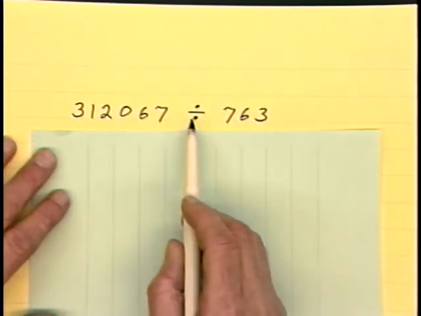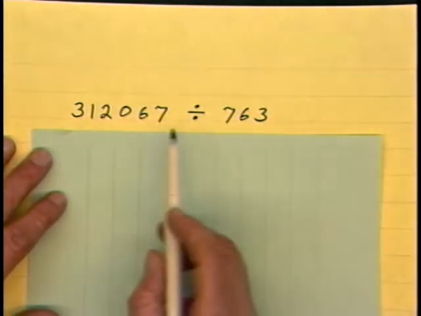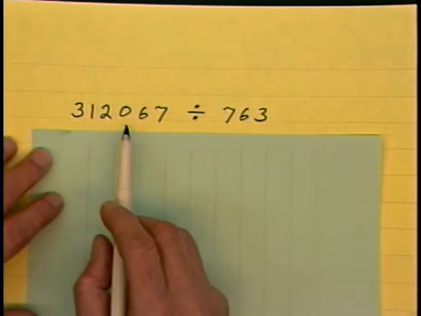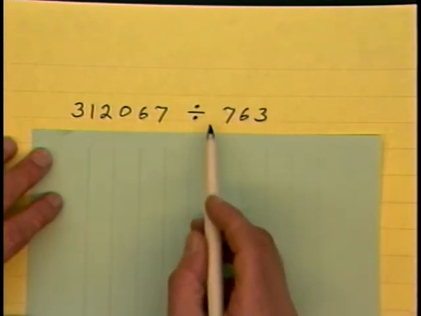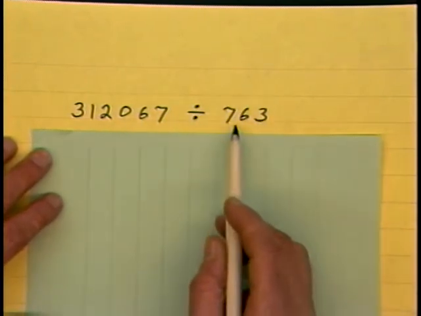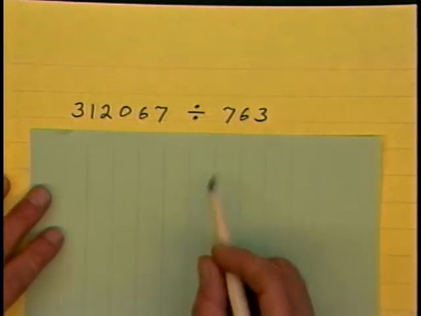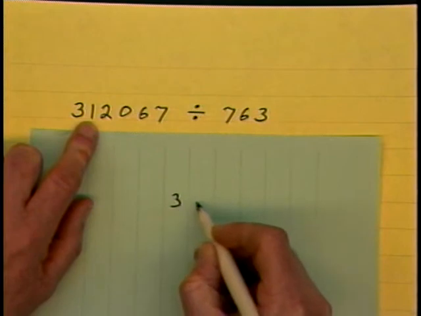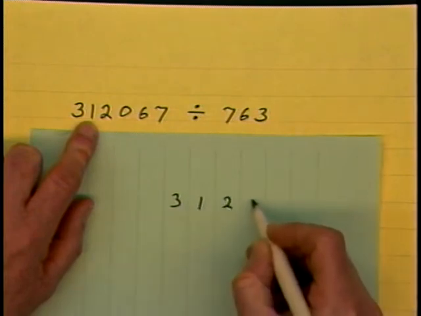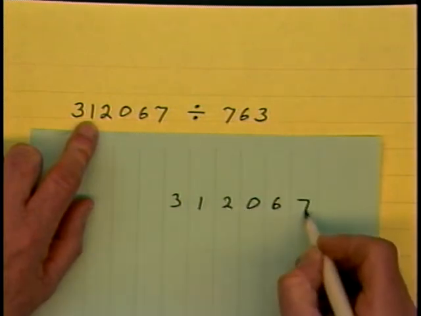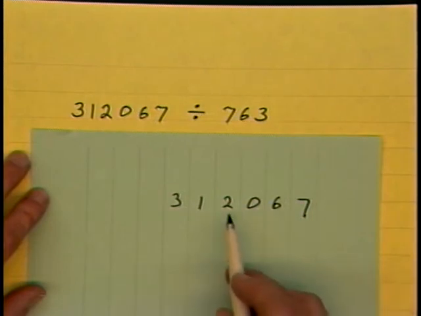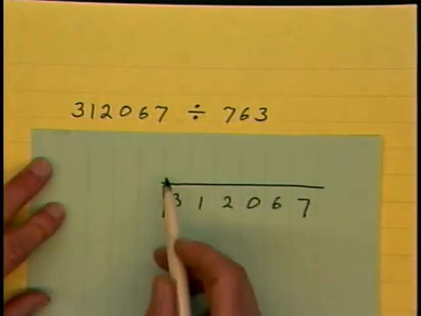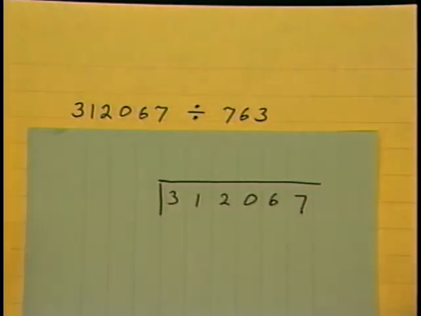312,067 divided by 763. So this is the number being divided into, or dividend. This is the number dividing by, or the divisor. So writing our dividend, 312067, one digit in each column of my paper helps me keep my workspace straight and orderly.